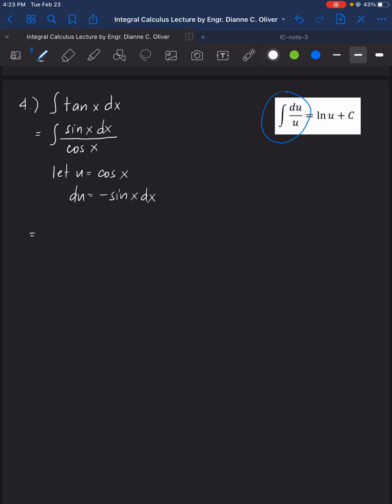We have the integral of du, which is negative sine x dx, all over u, which is cosine x. And since from the given there's no negative sign, we put a negative sign outside. Then disregard this portion here. Therefore, if we satisfy this pattern, the answer is ln u plus c. So negative ln of u plus c.